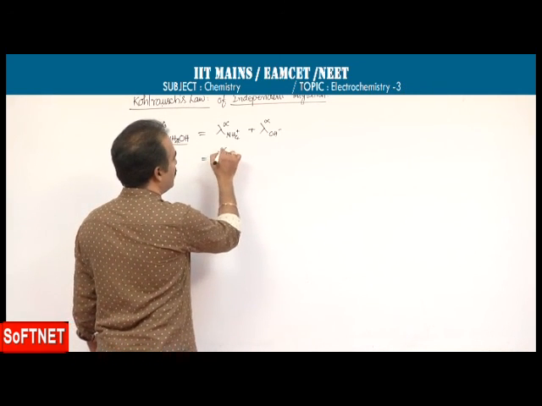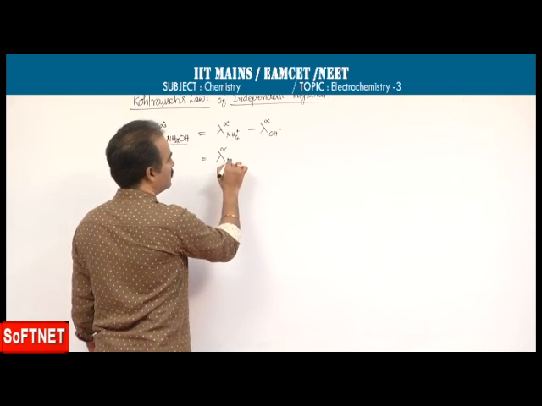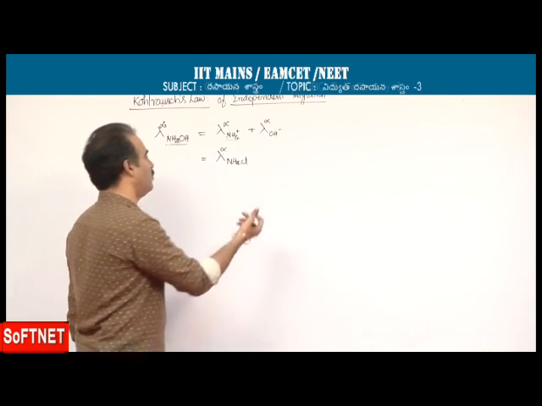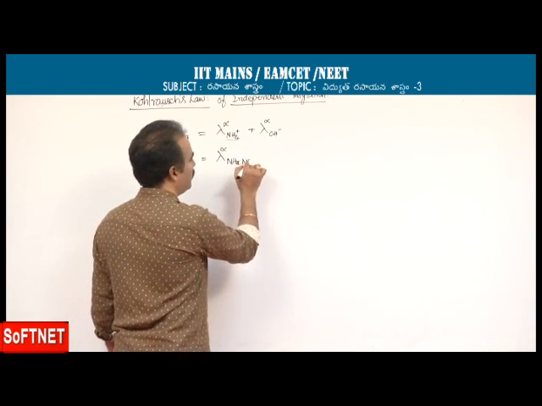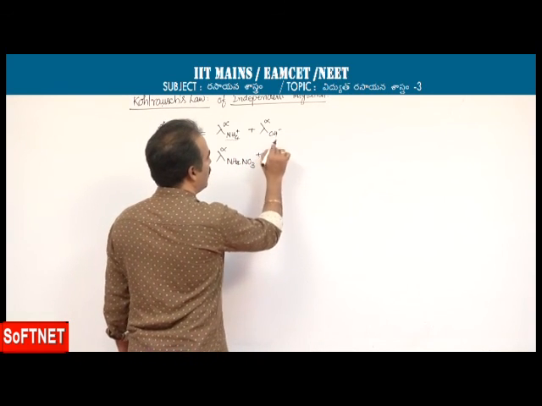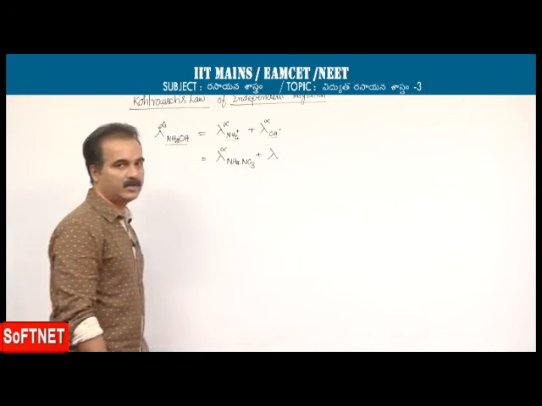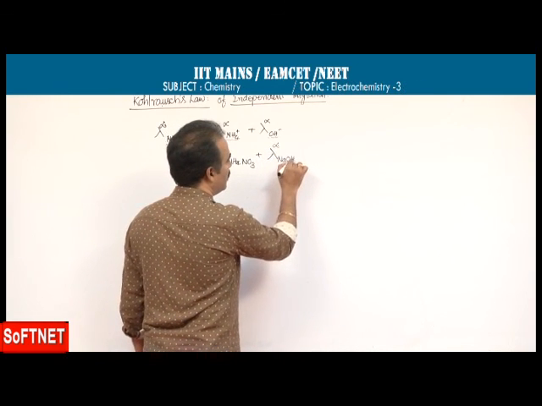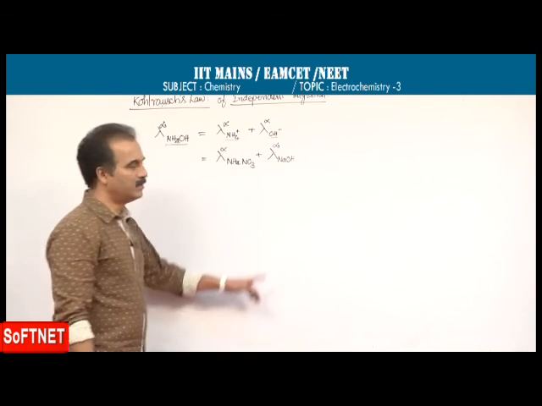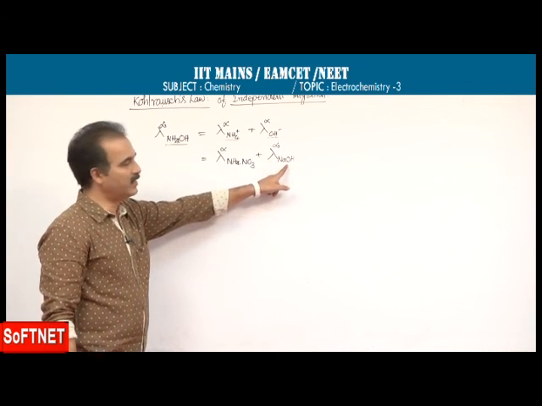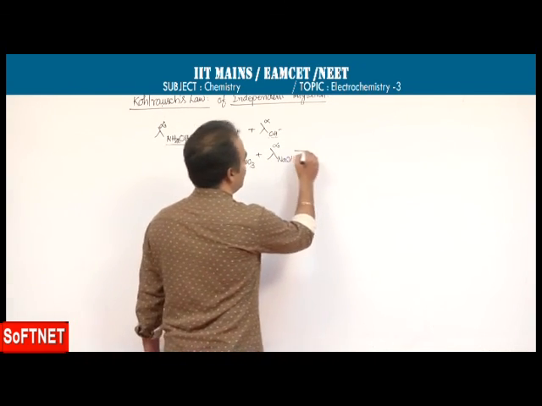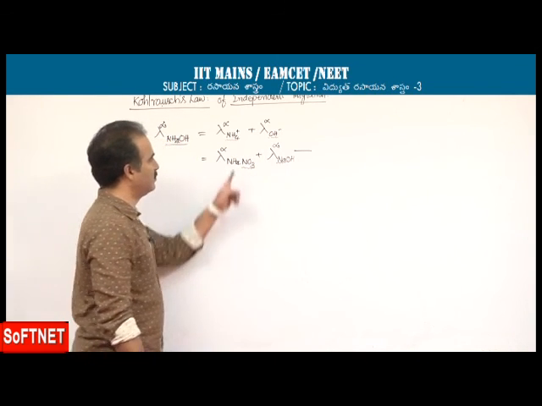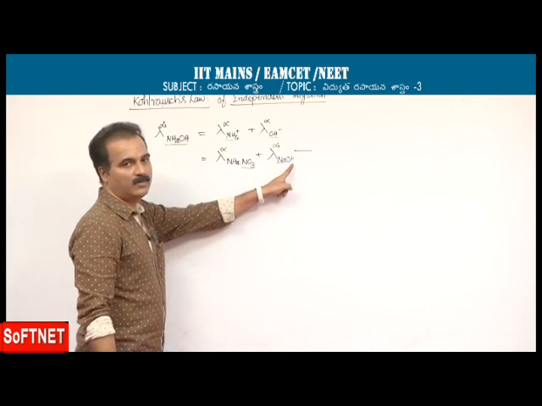Say I want the contribution from ammonium ion, so I will take a strong electrolyte of it, say ammonium chloride or ammonium nitrate, let us say ammonium nitrate. Similarly, I want the OH minus ions' contribution, so I will take a strong electrolyte, say sodium hydroxide. I will calculate the lambda infinity of sodium hydroxide at infinite dilution. Similarly, I do not want the contribution from nitrate and sodium ions, because I want only ammonium ions and OH minus ions.